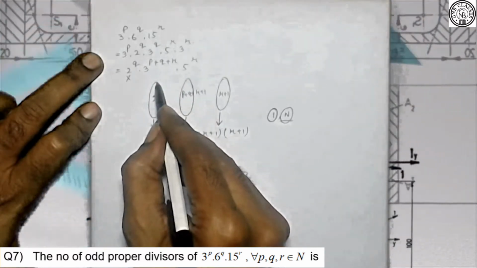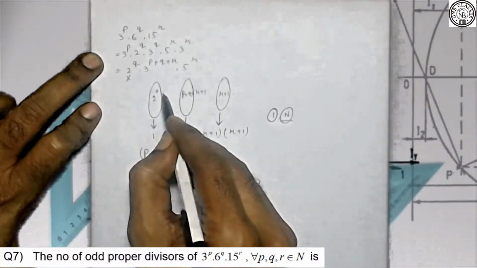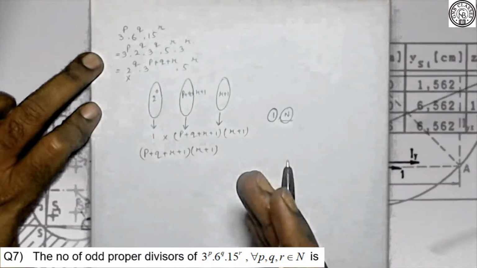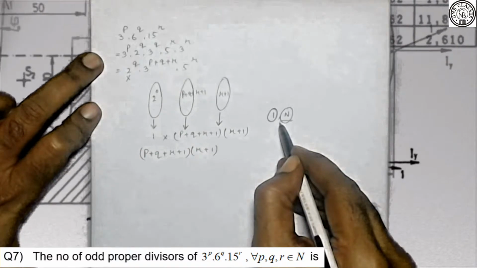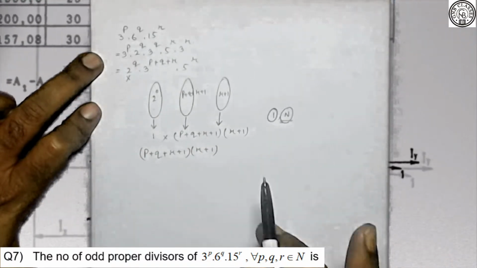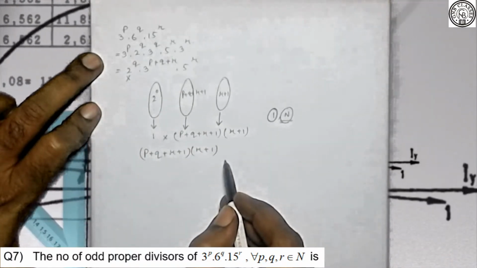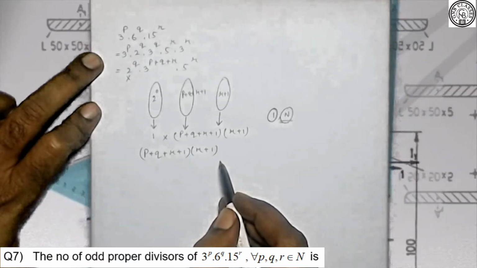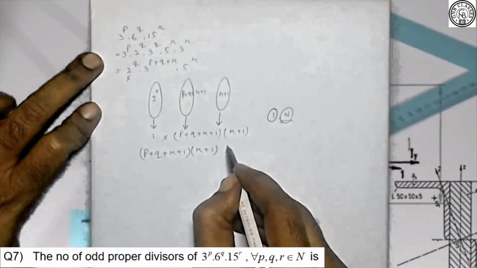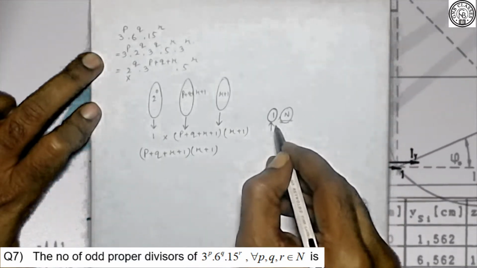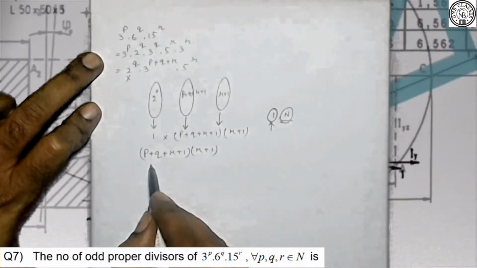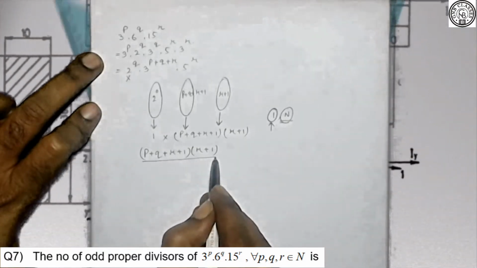But we are not going to have any factor 2 in the odd divisors, so we are not going to get the original number back. Therefore, since they have asked for the number of proper divisors, we will eliminate this 1, which is already included in this number of divisors.